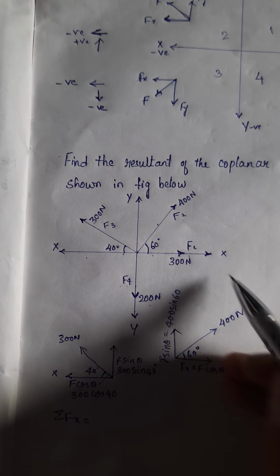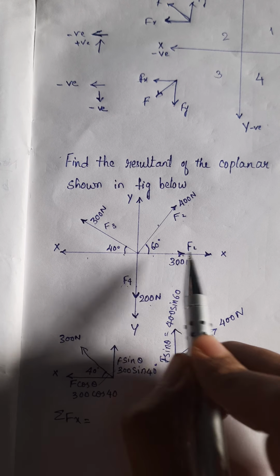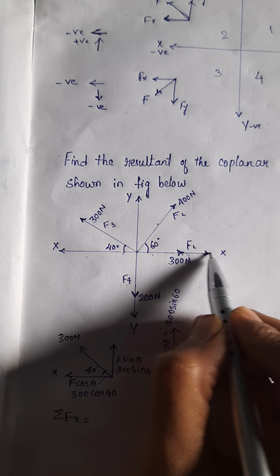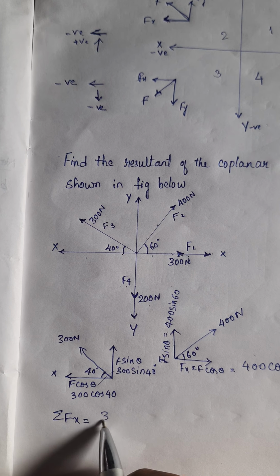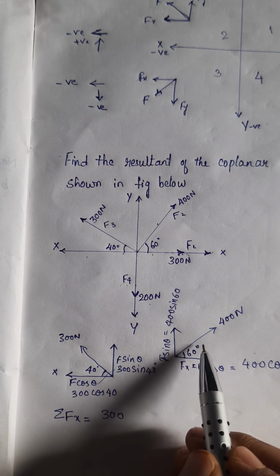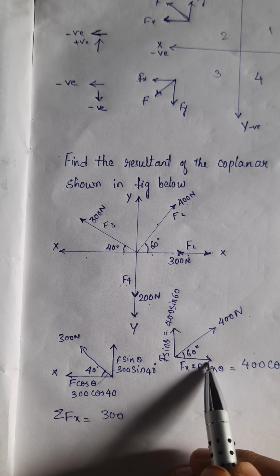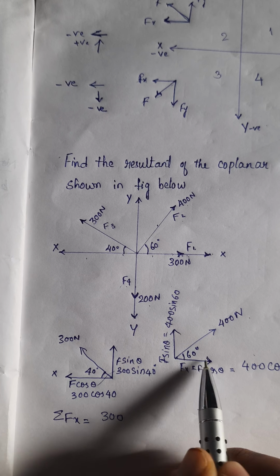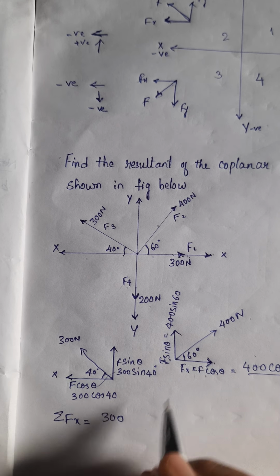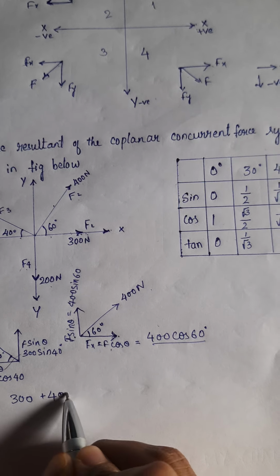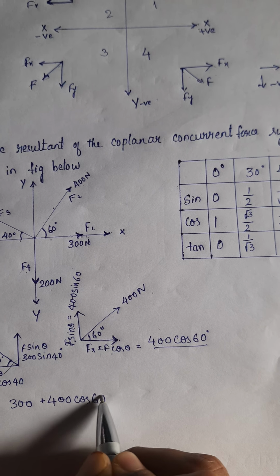All the horizontal forces. The very first force F1 is a horizontal force, and it is towards the right on the x-axis, so 300 positive. F2 is inclined. We have resolved it into a horizontal component and it is towards the right, so plus 400 cos 60.